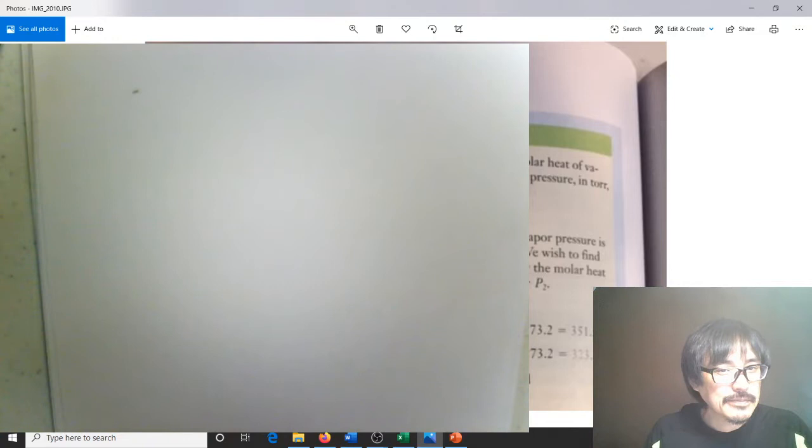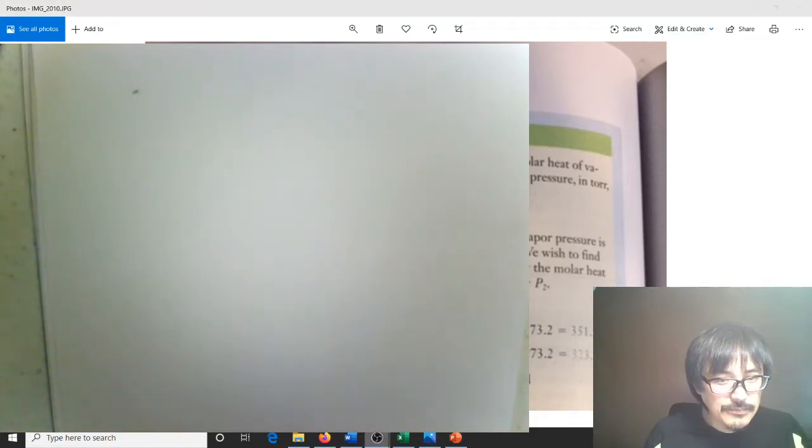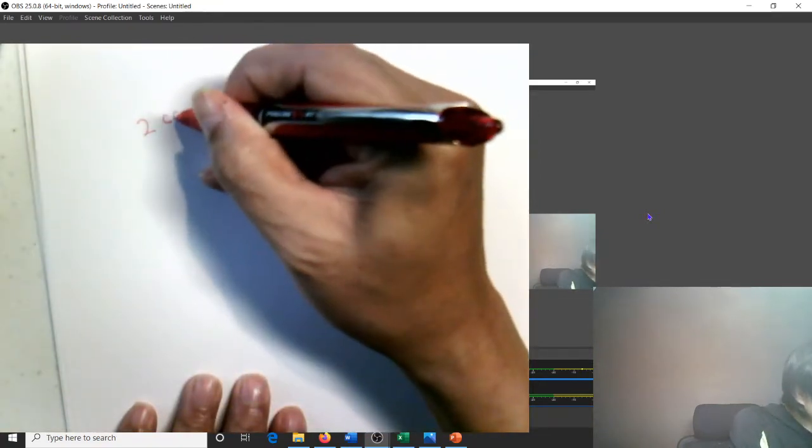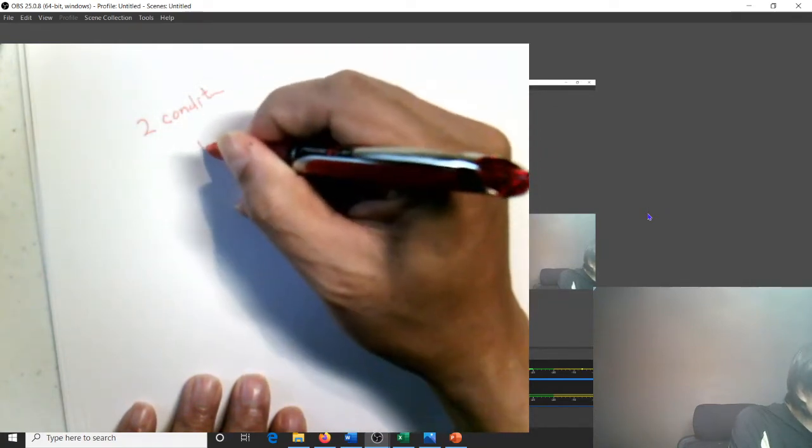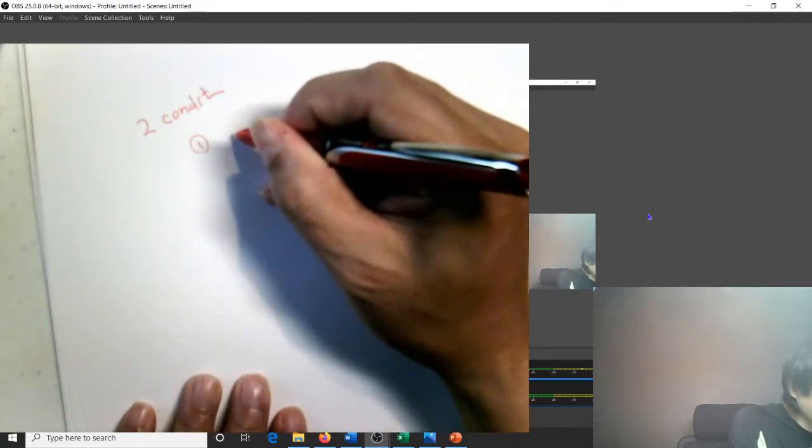Okay, so first things first, I gotta go back and forth because my memory isn't very good. So the stuff that we know is that we are given two conditions, right? One at the boiling point, wasn't it?